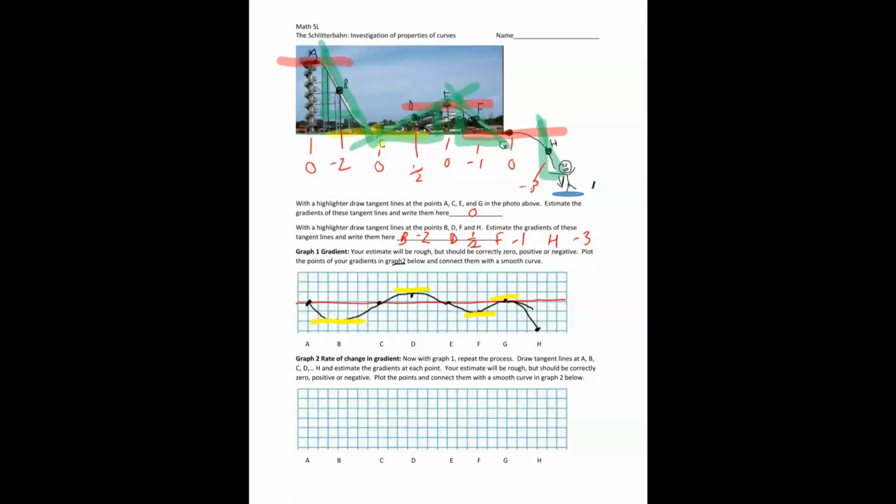And then I will use green for the positive slopes. Green. And that's it. And then I'll use red for the negative slopes. Red, red, red. Okay. And then I will write down my estimates for the slopes.